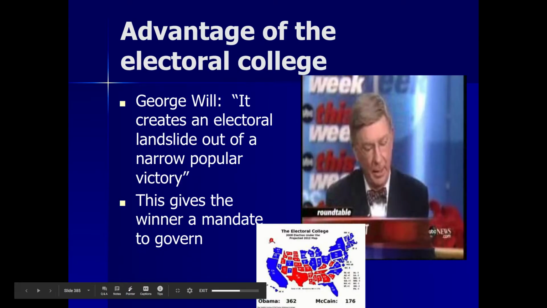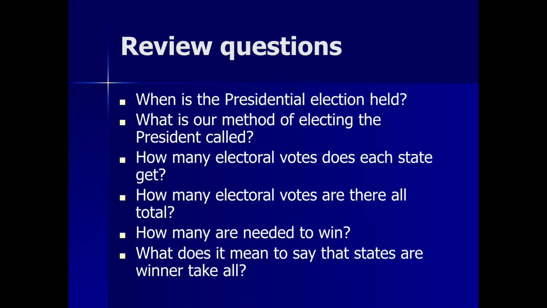All right, George Will says the Electoral College creates an electoral mandate because electoral victory is almost always a bigger number than the popular vote. So like in 2008, Obama won by maybe 4 or 5 percentage points, but his electoral total was nearly double McCain's. So then Obama can say, hey, let's do health care because the people have really spoken.